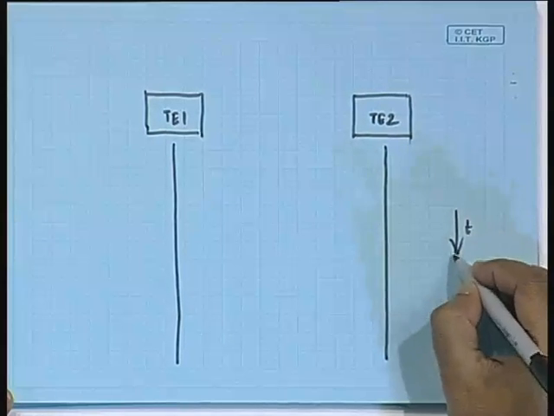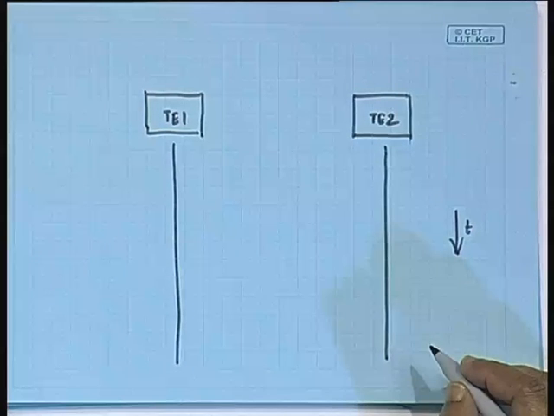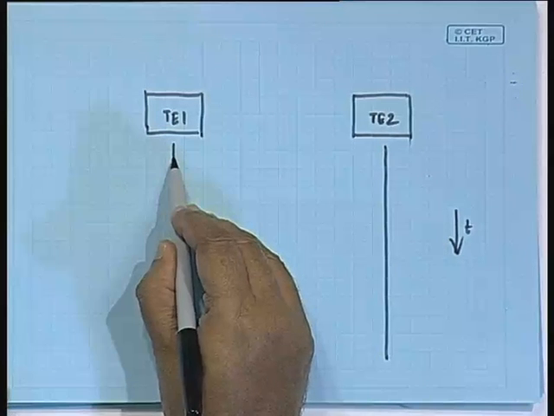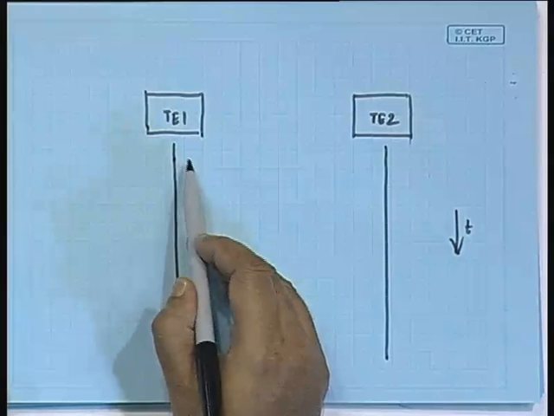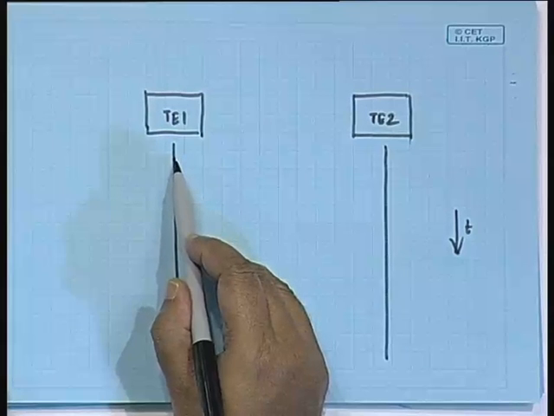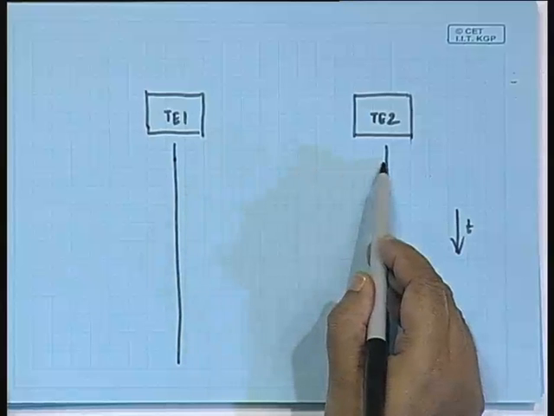This is the increasing direction of time, so that whatever TE1 initiates at a particular time would be shown over here, and if TE2 receives that signal instantly without any timing delay, then it will be a perfectly horizontal line.